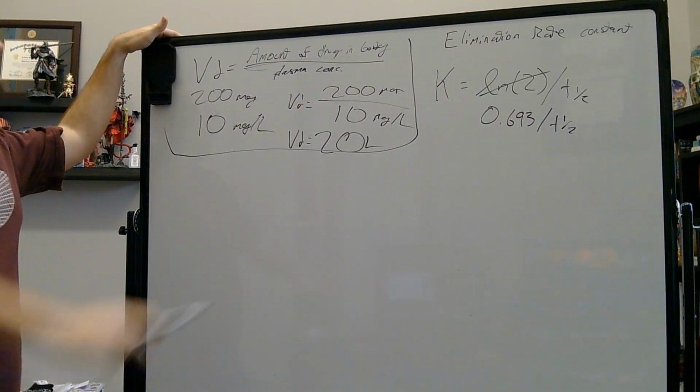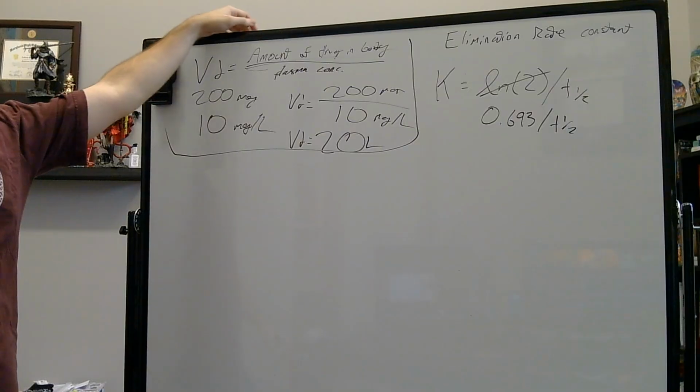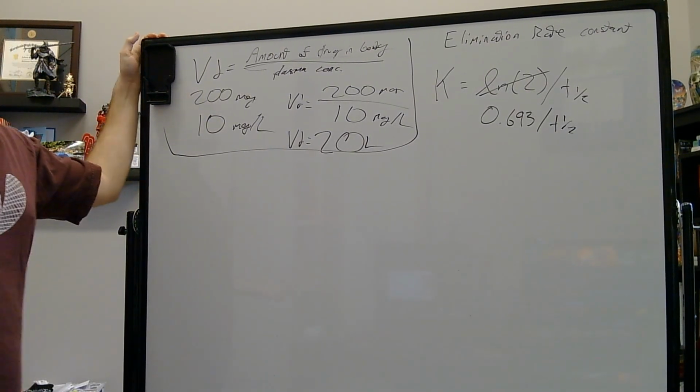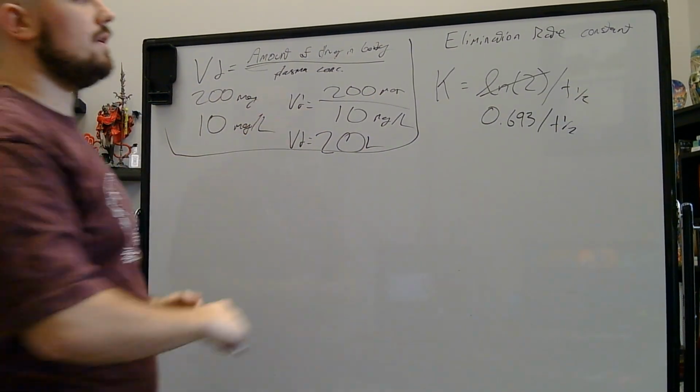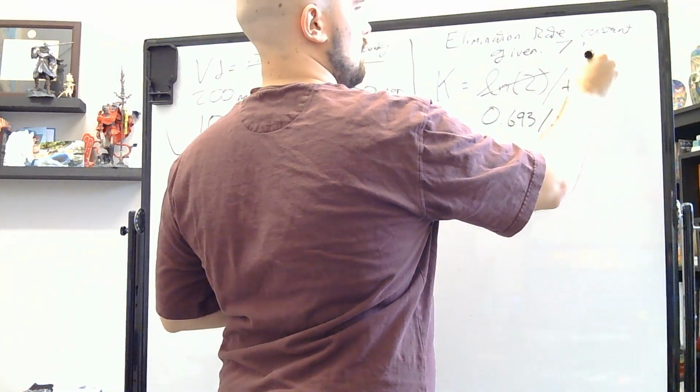For these elimination rate constant problems, questions may give you a half-life, or you may need to figure out a half-life, but regardless, the only thing you need is this half-life. So let's say we're given a half-life of 7 hours for this mystery drug.